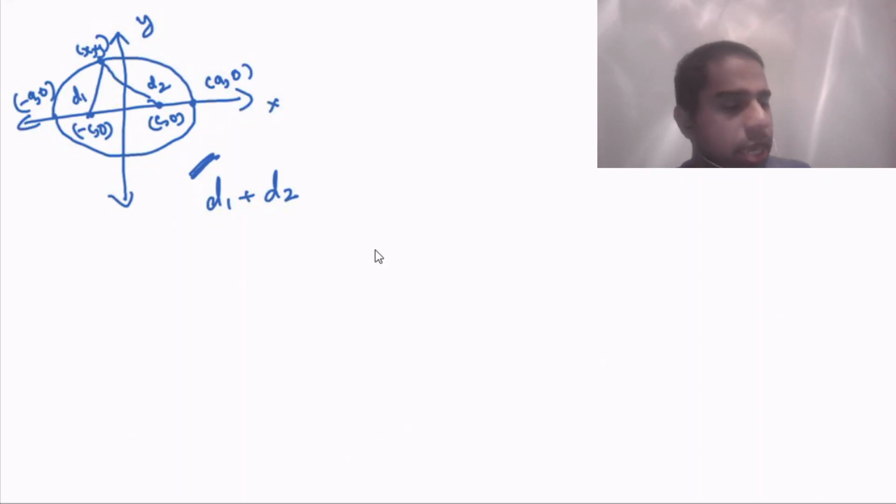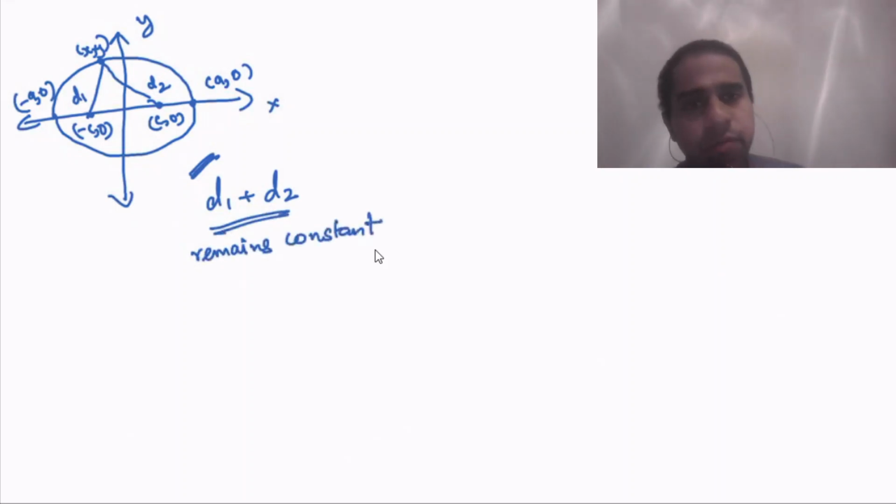That is, this d1 plus d2 remains constant always. This is an alternative definition for ellipse. So d1 plus d2 is constant.